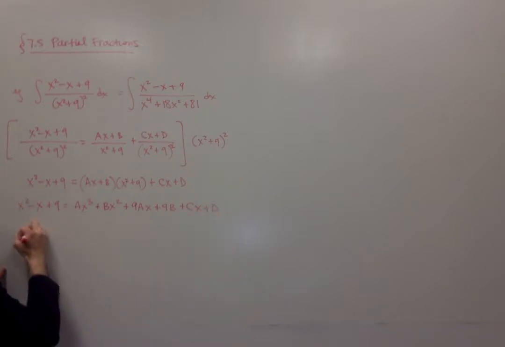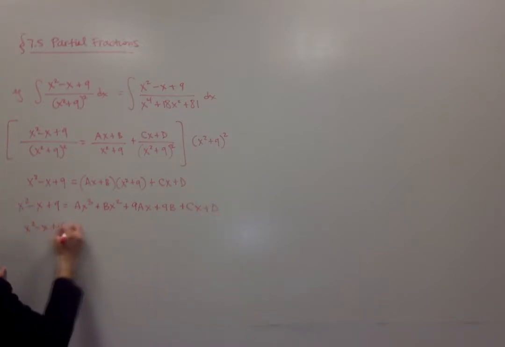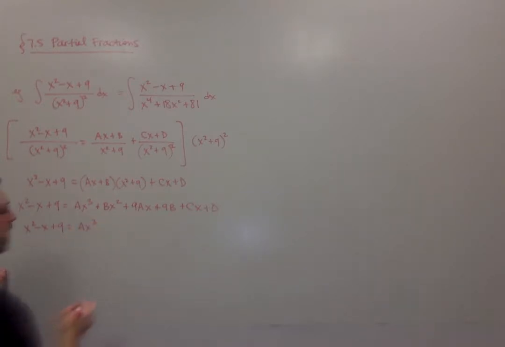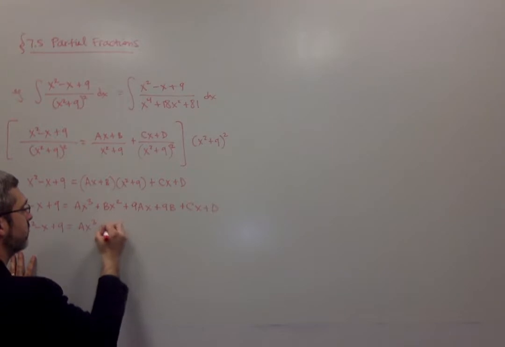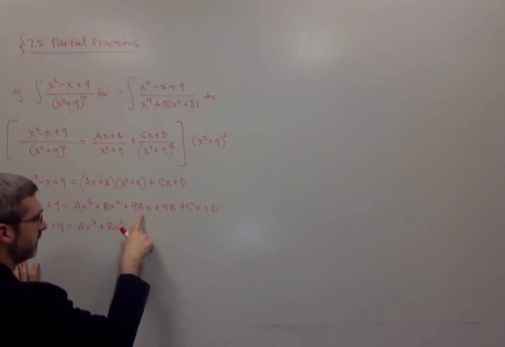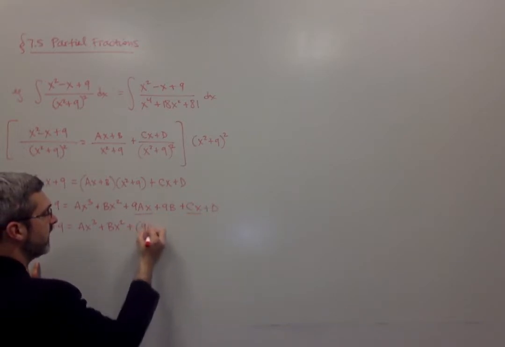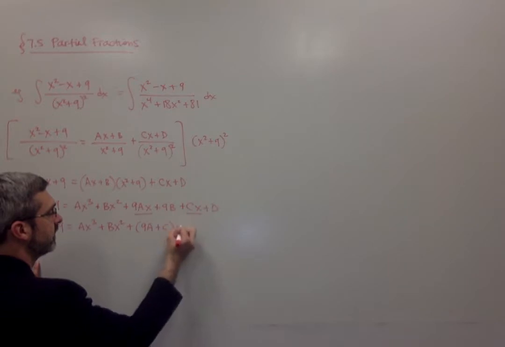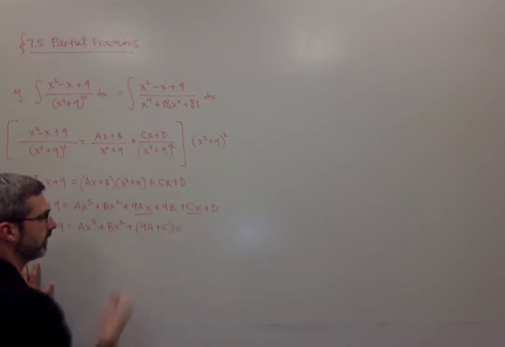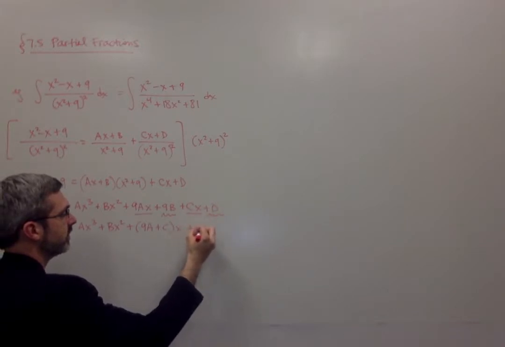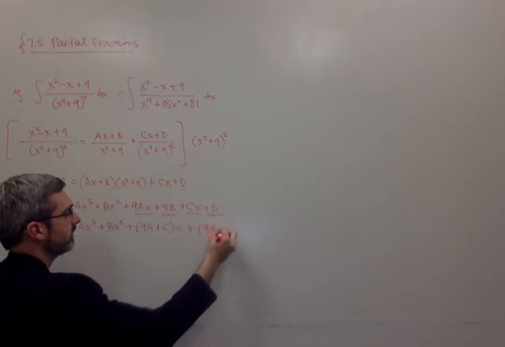So let's combine a couple terms here. This is my x cubed term. This is my x squared term. My x term is actually these two, so it's really 9a plus c times x. And then my constant term is these two terms here, 9b plus d.